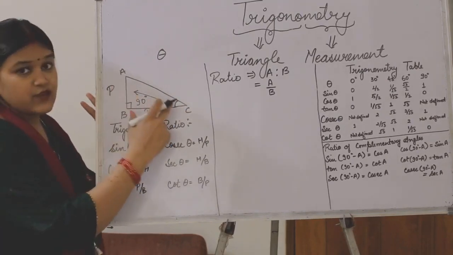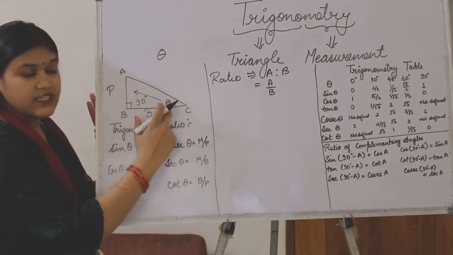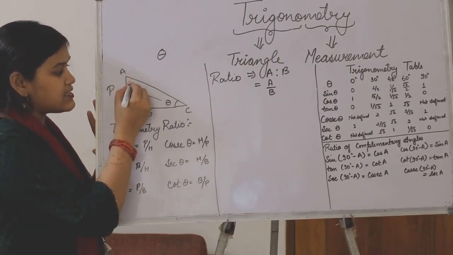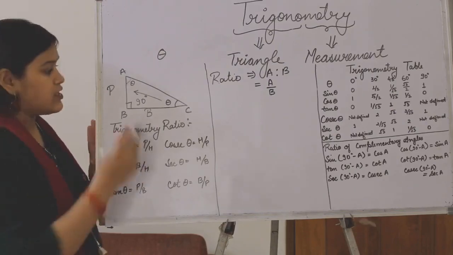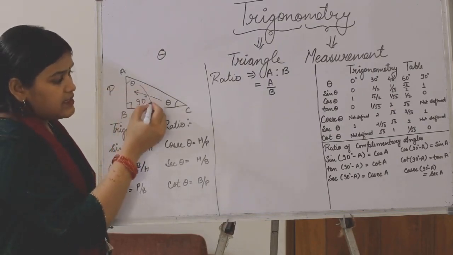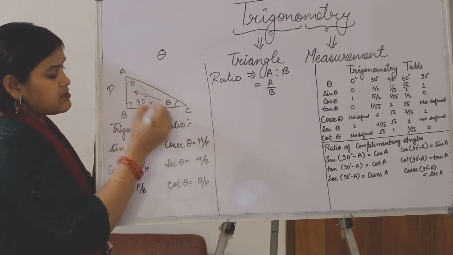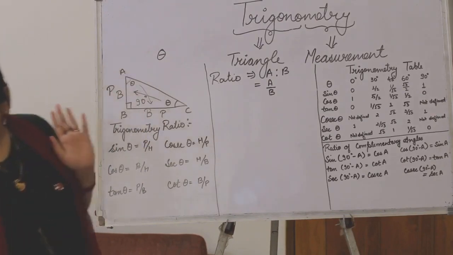The opposite side of the theta angle is known as perpendicular and the adjacent side of the theta angle is known as base. Suppose we consider this other angle as theta, now the base and perpendicular interchange. For this theta angle, this side will be the perpendicular and this side will be the base.